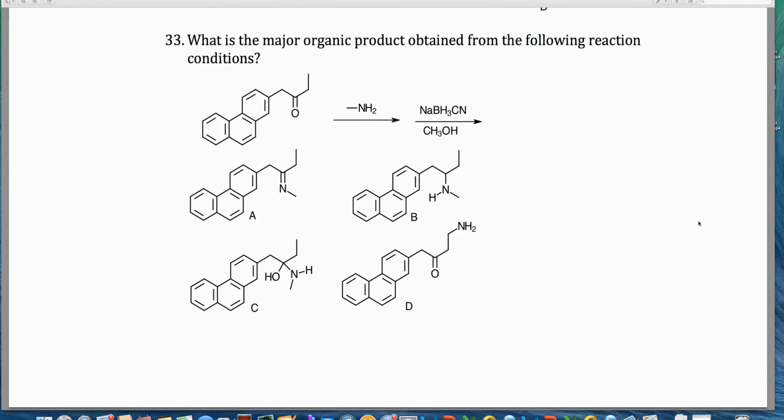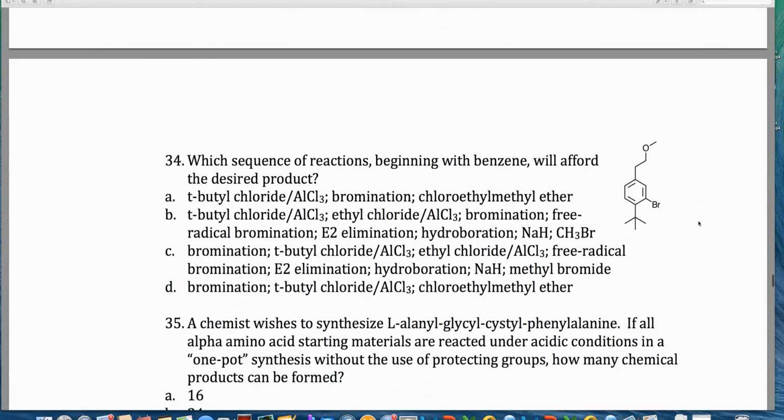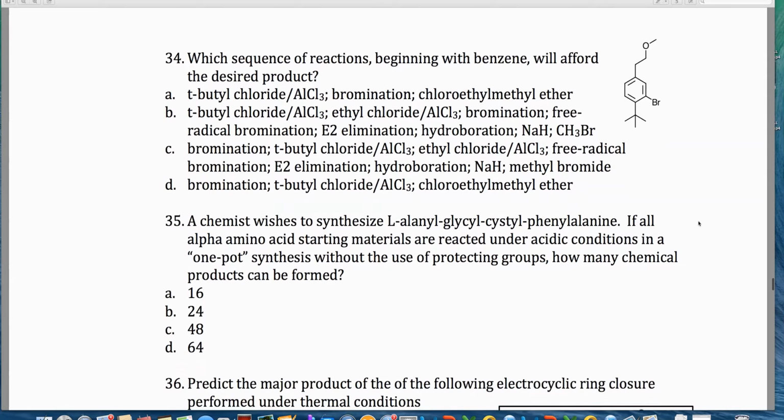Moving on to number 34. We're looking for a sequence of reactions that will afford our target molecule when we begin with benzene. And so let's try and map this out.